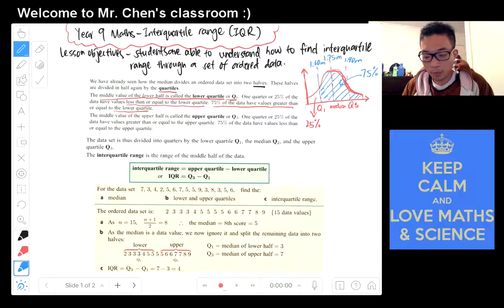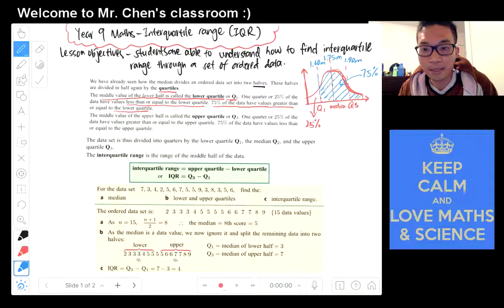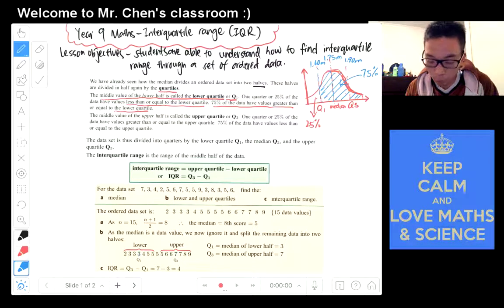So if you are below 160 centimeters, you belong to the bottom 25% of everyone that has been surveyed. But if you are above that 160 centimeters, you are in the top 75% of everyone surveyed. Does this make a little bit of sense?